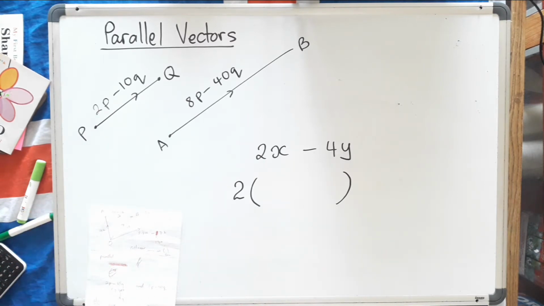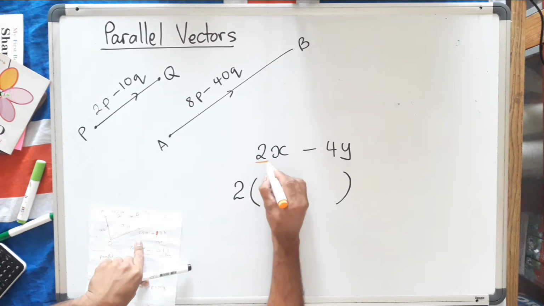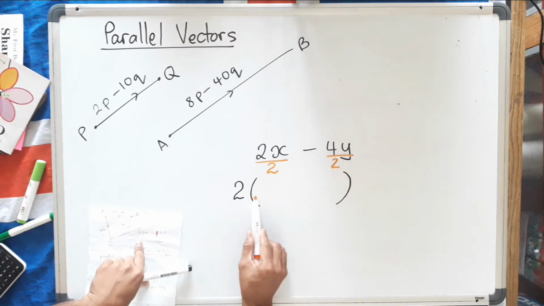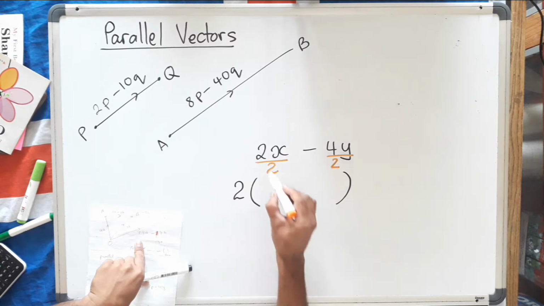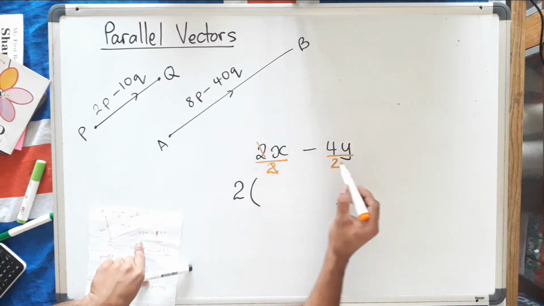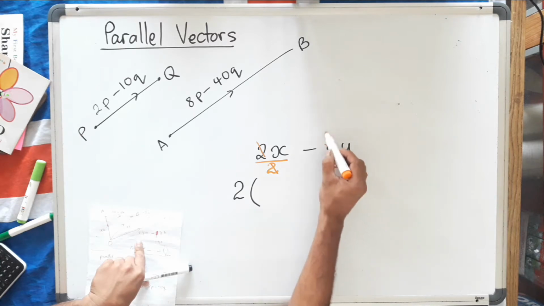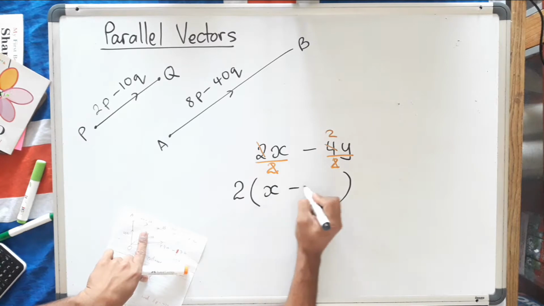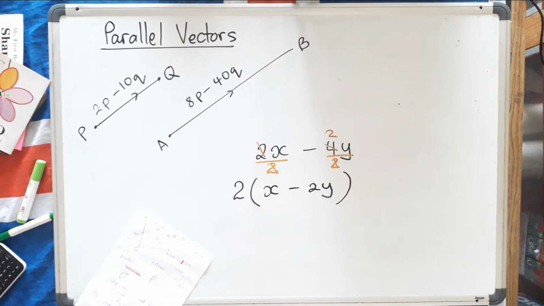When you pull out 2, it really means you are secretly visiting everyone and dividing it by 2. So whatever you decide to pull out, that is what you are dividing everyone by. So the 2 will cancel out with the 2 here. 2 will go into 4 2 times. So you get x minus 2y. But you probably did it so fast in your mind, you probably didn't even realize that you were actually dividing.